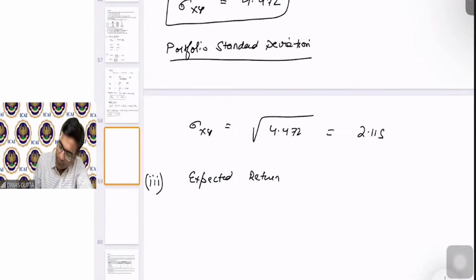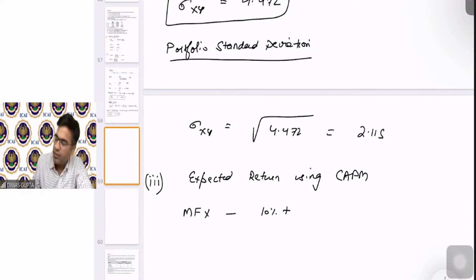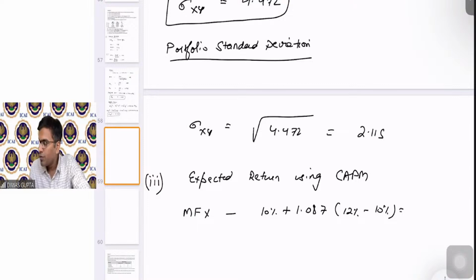Expected return using CAPM. Mutual fund X will be 10% risk-free return, 1.087 is their beta. So mutual fund X will have a return of 12.17 percent.